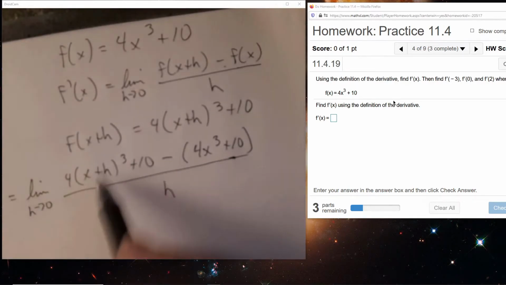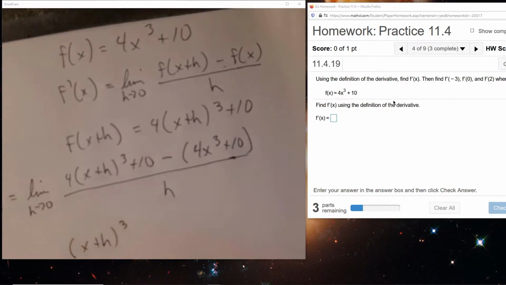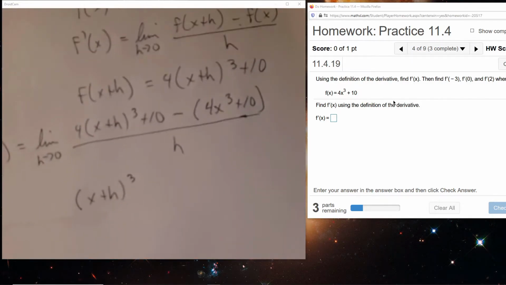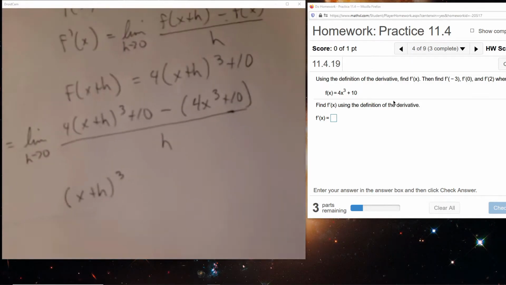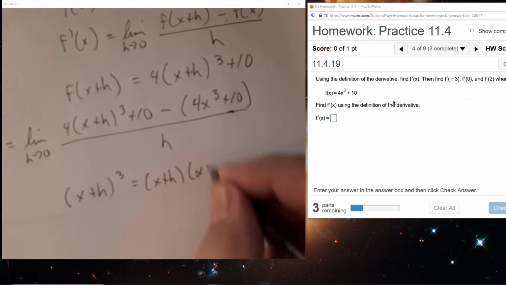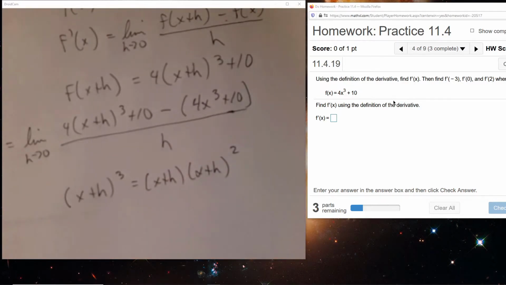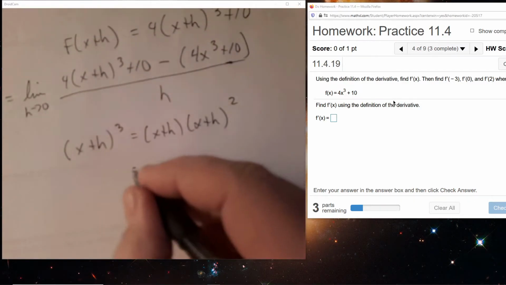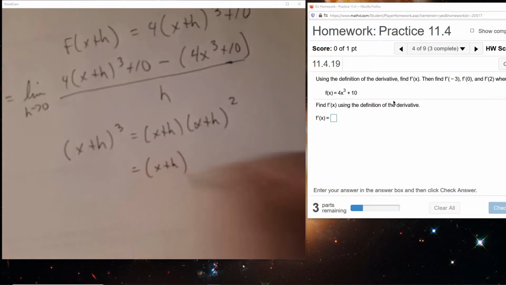So because x plus h cubed is a lot of distribution there, let's just focus on this first. So this is x plus h times x plus h squared. And x plus h squared is x squared plus 2hx plus h squared.